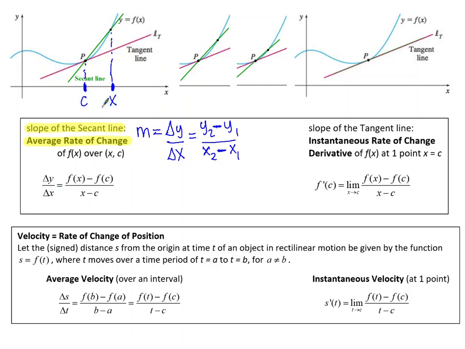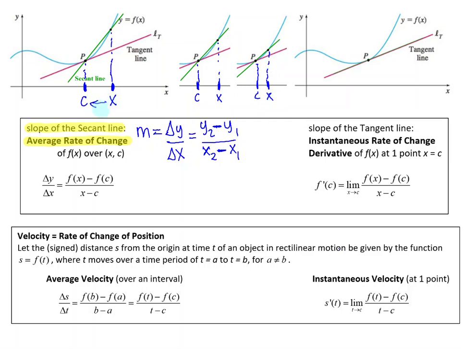Now notice, as we go from a picture of this secant line where the x values are this far apart, we bring the x values a little bit closer together. So here's the x value, c, and the other x value. And in the next picture, we've brought those two x values even closer together. So notice what's happening.